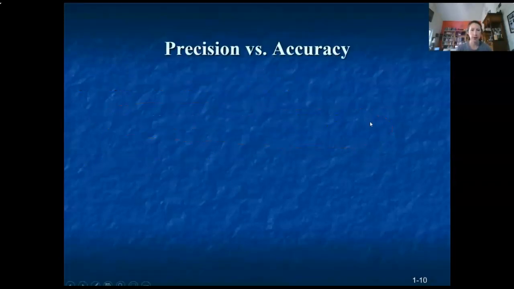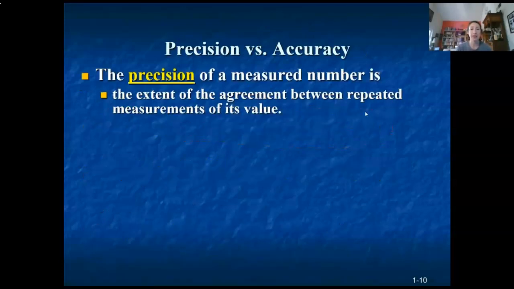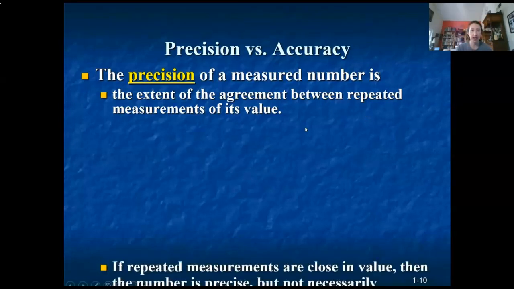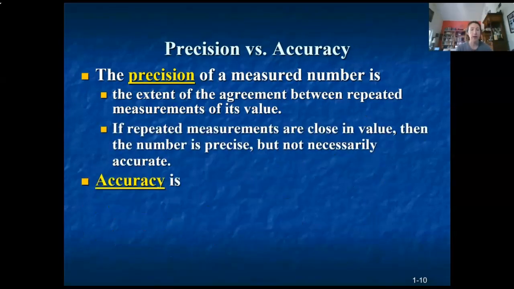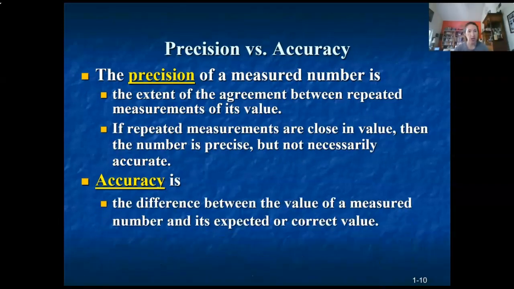Okay, so now precision, how many times you get the same answer again and again, right? That is different than accuracy, because accuracy is how close you are to the right answer. Let's say you put something on your balance and it said 1.01, 1.01, 1.01. You weighed it 3 times and you got the same answer every single time. But let's say it was supposed to say 2 grams.